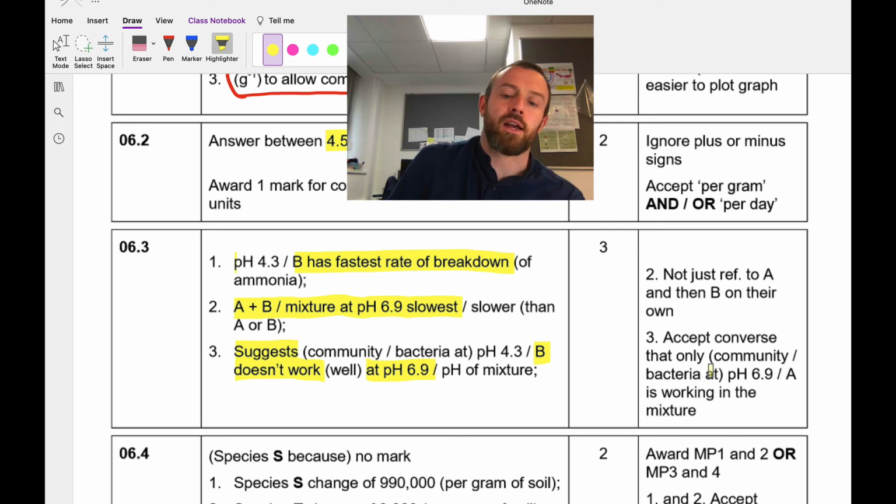Oh yeah, okay, that's kind of what I was arguing, that only the bacteria from community A is working in the mixture because it's at the pH that it is used to, but it's at half the rate because it's only 50% of the bacteria. So that would be credited. Okay.